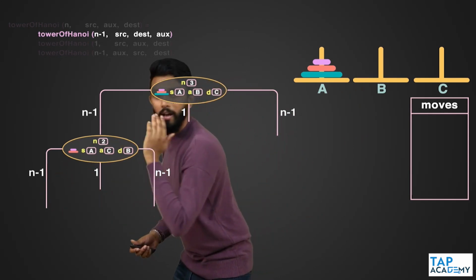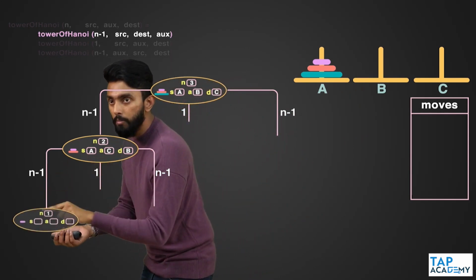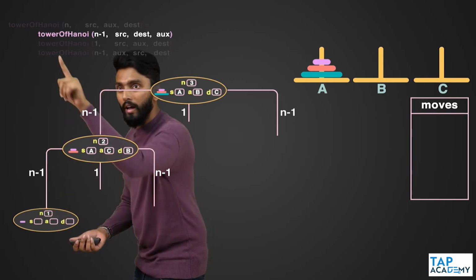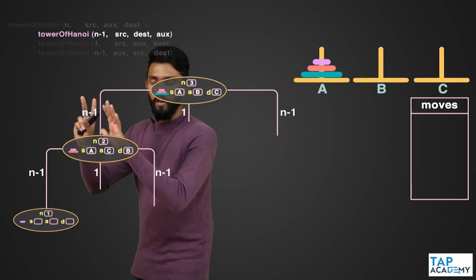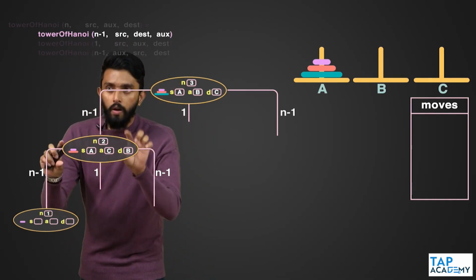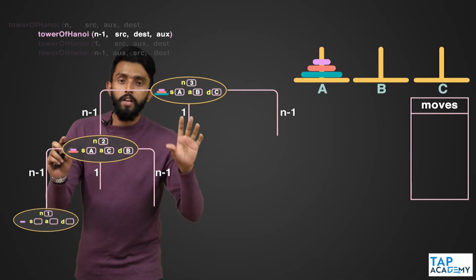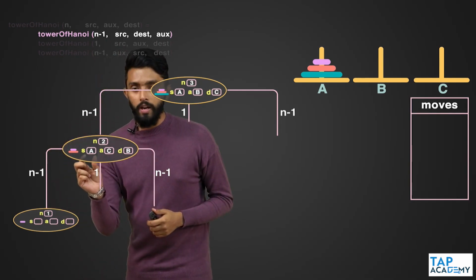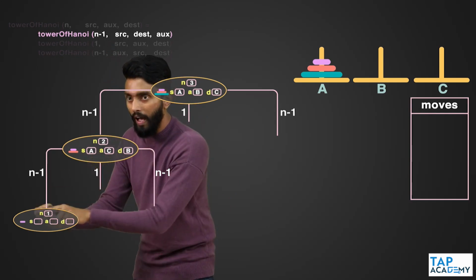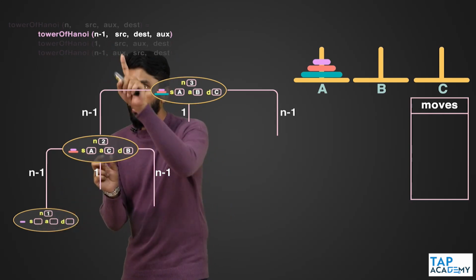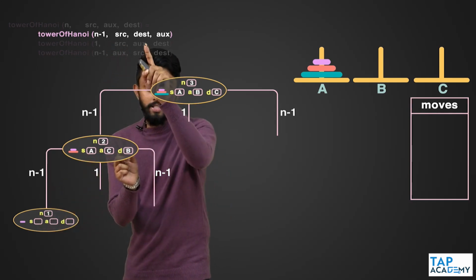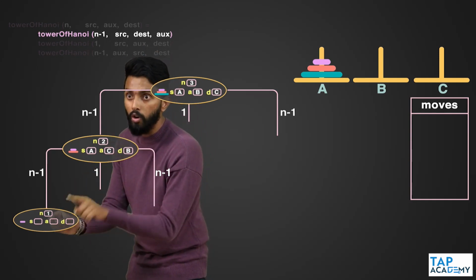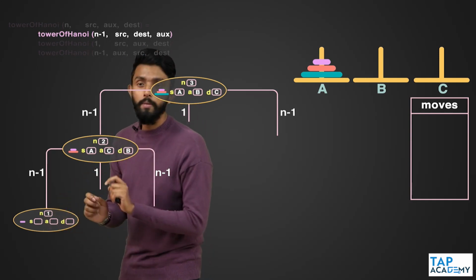So if I say n minus 1, again n becomes 1. Now, again this call only. So source, now see here, again source, destination, auxiliary. What is there inside source? A. So as it is, right? Now whatever was there in destination has to come inside auxiliary. What is there in destination? B.